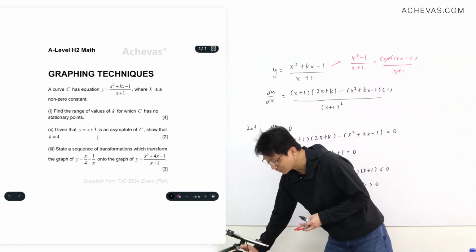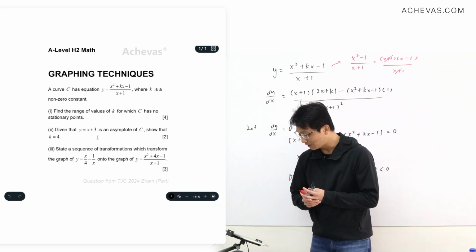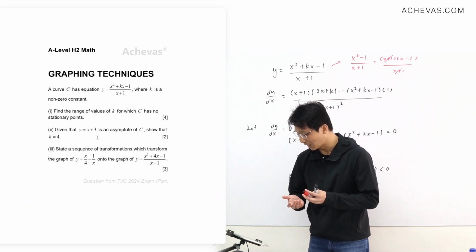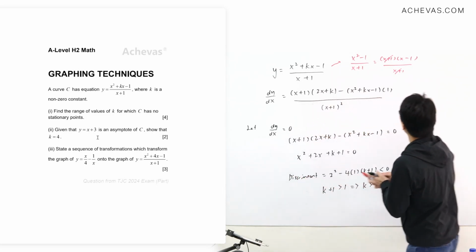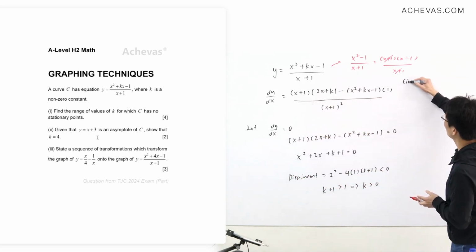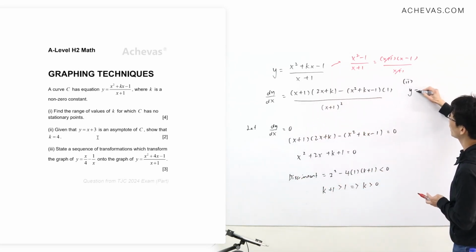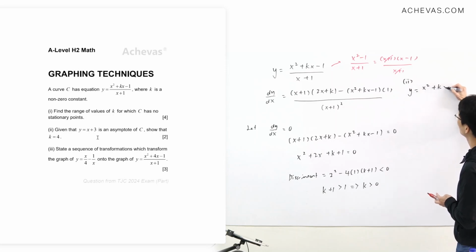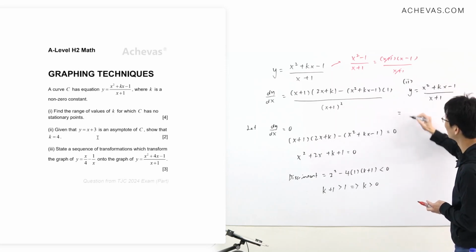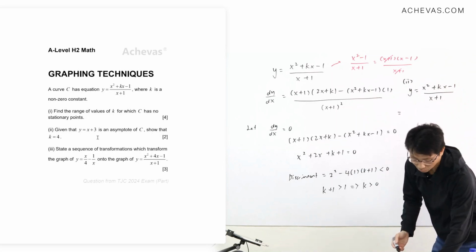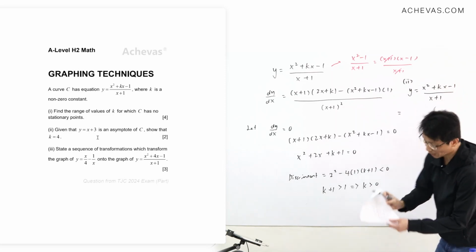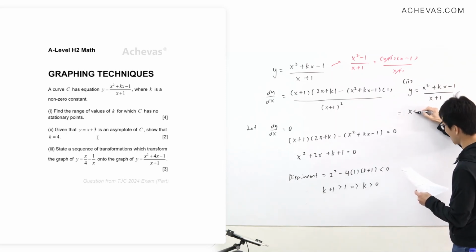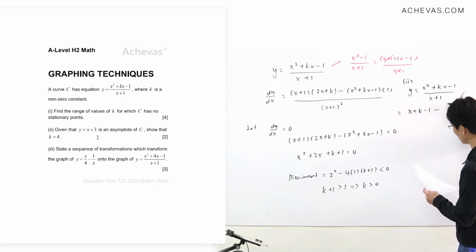Let's look at part 2 now. Part 2 says, given that y equals x plus 3 is an asymptote, show that k equals 4. Perhaps the first thing we will do is to change this expression into a proper fraction by doing a long division. Doing long division, we will be able to get x plus k minus 1 minus k over x plus 1.